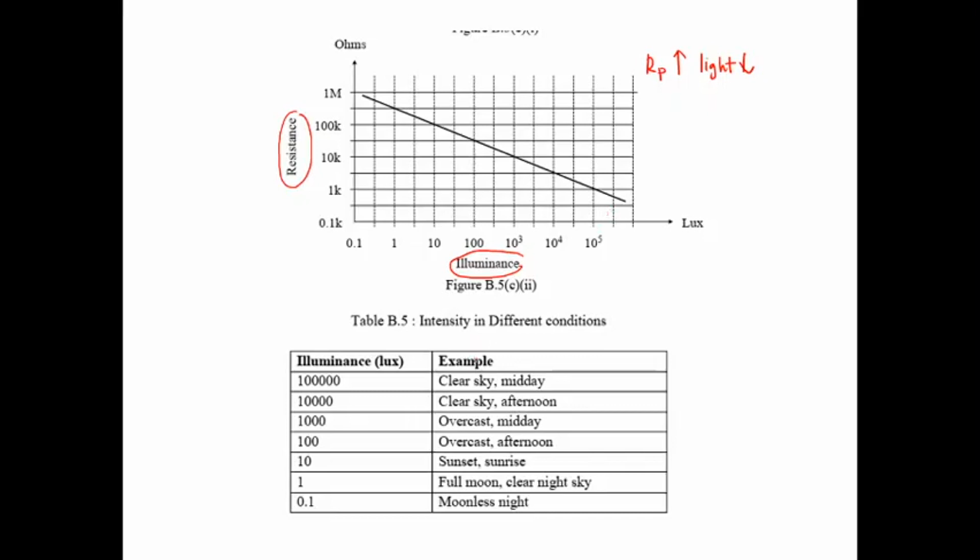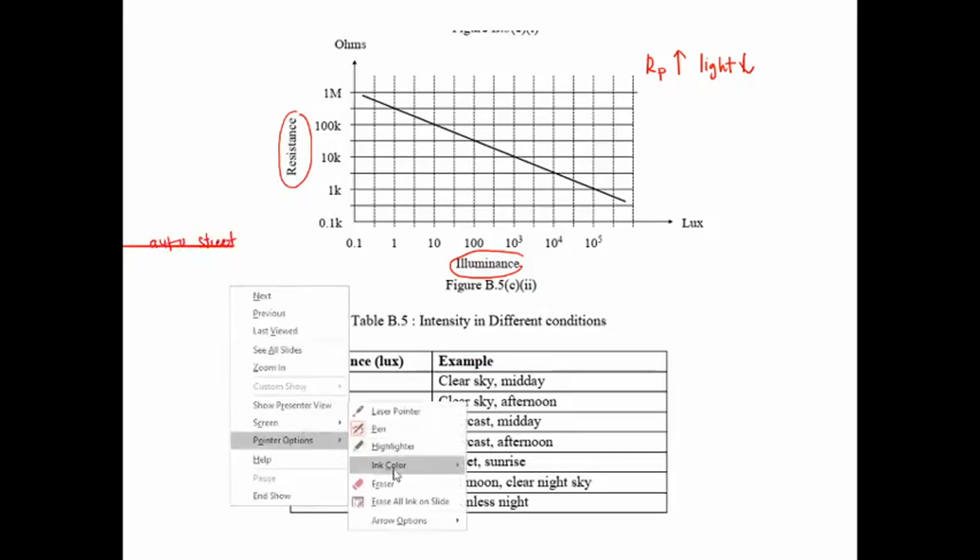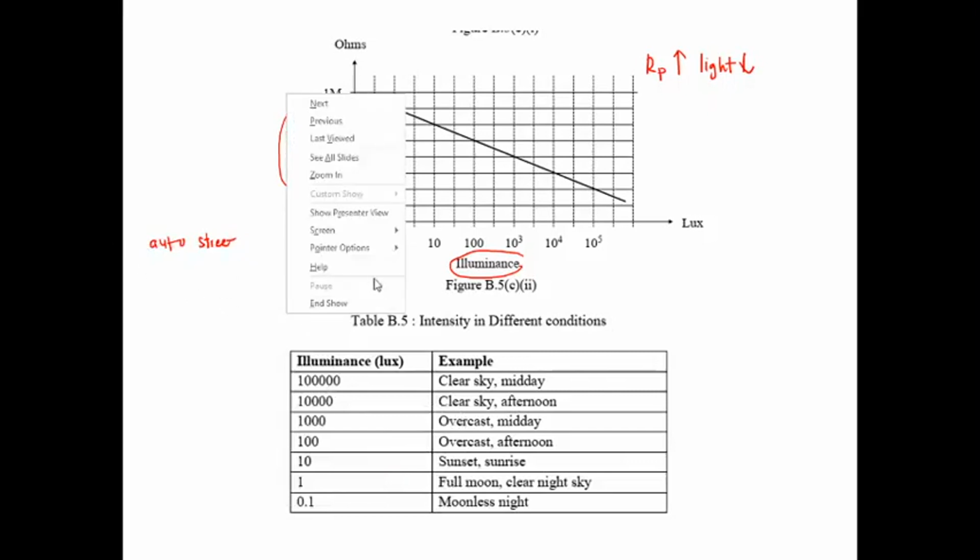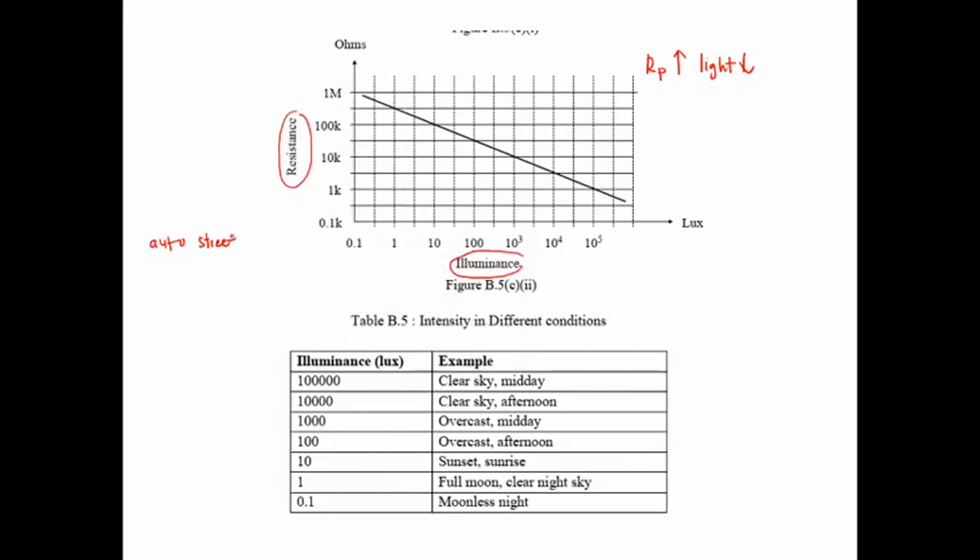Okay. So when we design the automatic street light, we consider the transition time. When does the light turn on from the turn off?